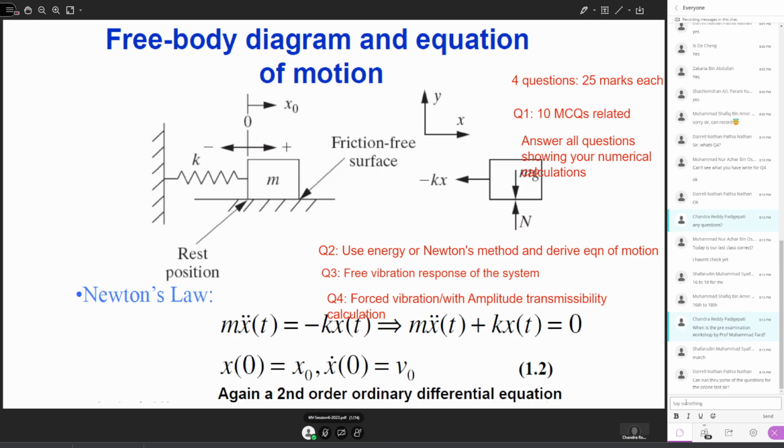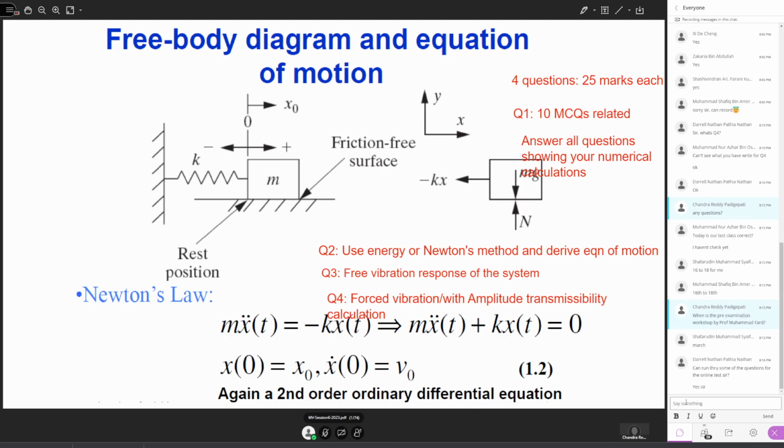Can you run through some of the questions for the online test? You mean for the class test? Class test, don't worry, it is going to be simple. And of course, the most important part is you need to know the relevant equations to use, so relevant formulas to use.